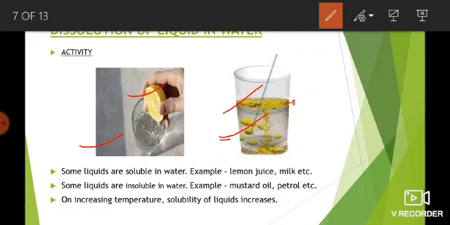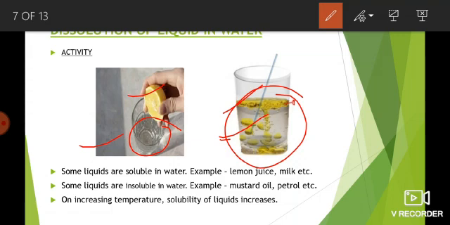What will we see? We will see that lemon juice is soluble in water. It gets dissolved. After adding lemon juice, we get a clear solution. But mustard oil is insoluble in water. We don't get a clear, uniform, homogeneous solution after adding mustard oil.